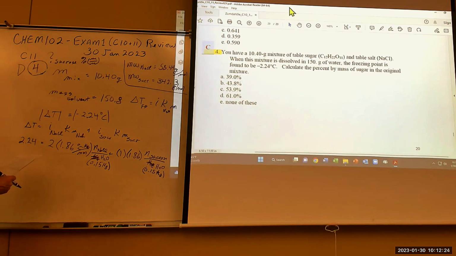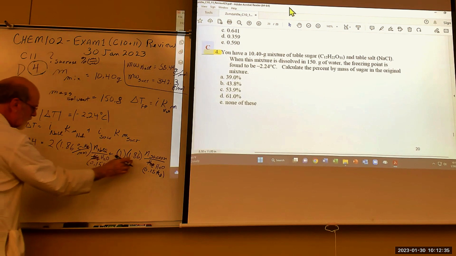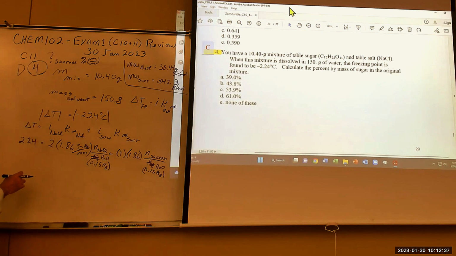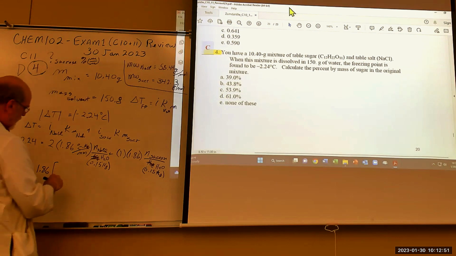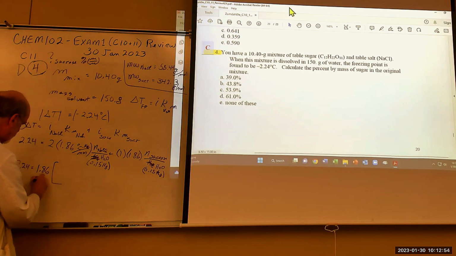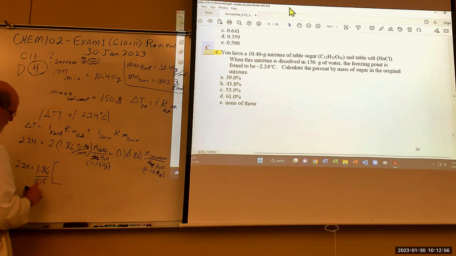Let's see. We can factor this one out here, 1.86. Let's do that first, 2.24, and then factor out 1.86, and also factor out 0.15.